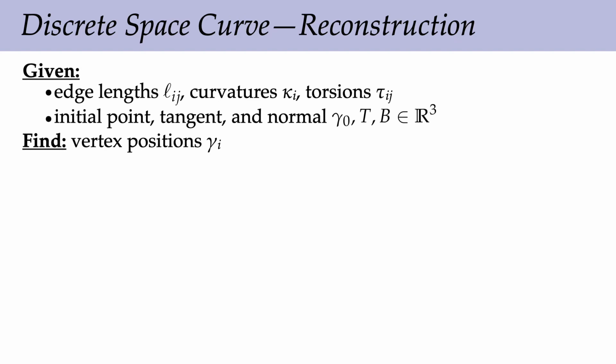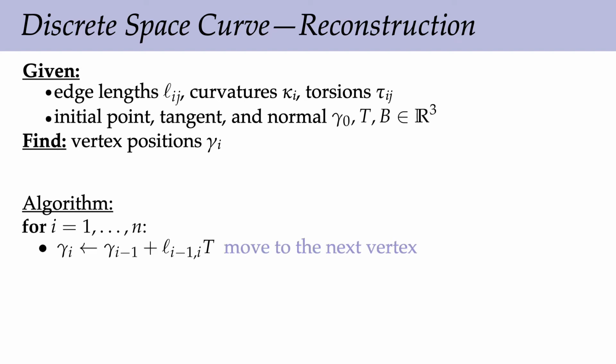Just think about how I would draw this curve in space. Any ideas? Well, here's one simple algorithm. For each vertex or each edge of my curve, I could start at the current position. I start out maybe at the first point, and then I just move in the direction of the current tangent, a distance given by the current edge length, just like I did in the plane.